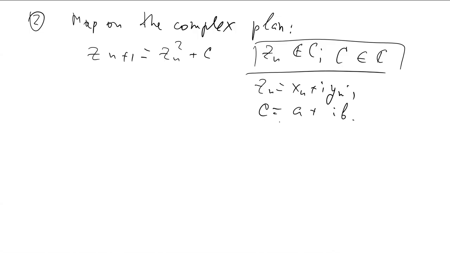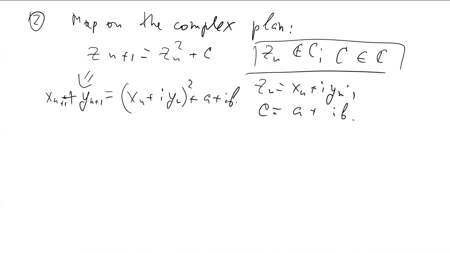If we put it like this, then this transfers into a new equation: xn plus 1 plus i yn plus 1 equals (xn plus i yn) squared plus a plus ib.